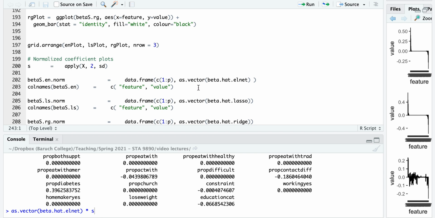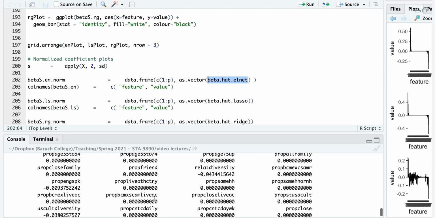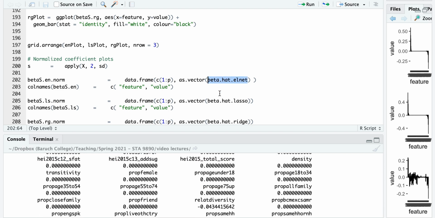Just let me remind you, these coefficients more or less mean that 1 unit change of, for example, look at this.